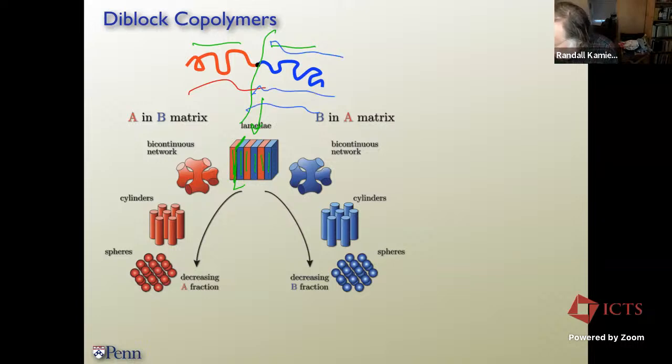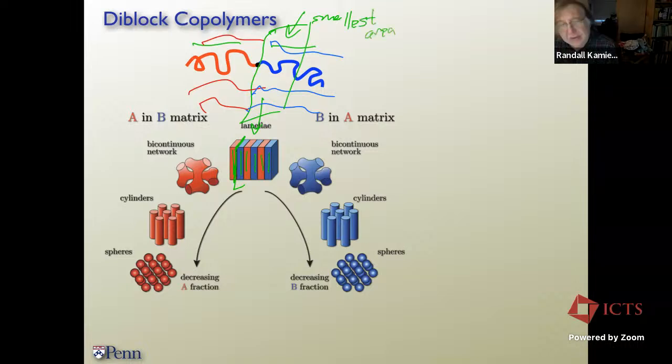And since the red and the blue dislike each other chemically, they try to find a surface that separates them that has the smallest area. And so they naturally like to have minimal surfaces.